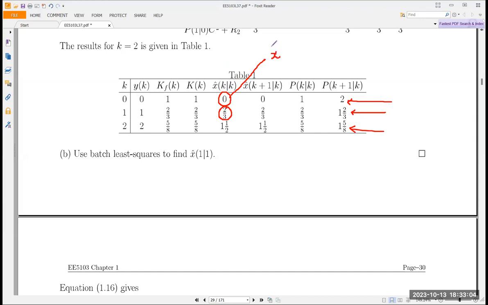So this is called x hat 0|0, that is k|k with k equal to 0. The Kalman filter calculated this using y0. It calculated the x hat at the 0 sample using y0 only. It didn't make use of y1.